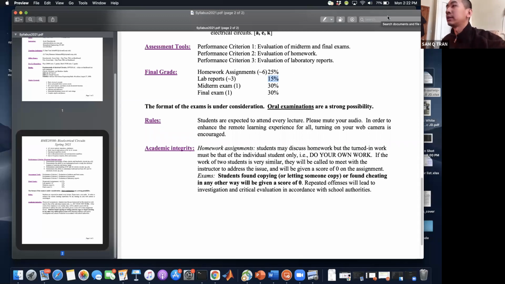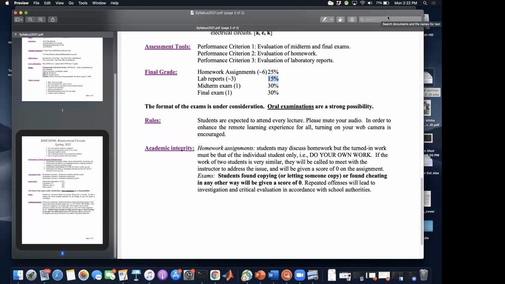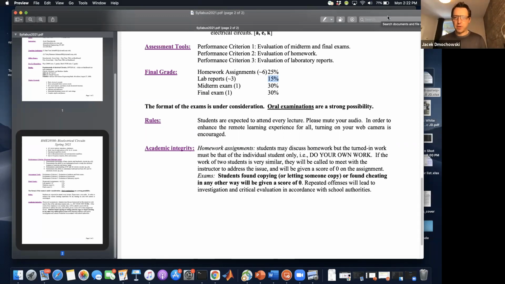I think we did that last time. That's a great idea. I think Slack is a great way. That's Sam, he's one of the TAs for the course. And I encourage you all to use any medium that you feel comfortable with to discuss the topics in the course as well as the homework itself.